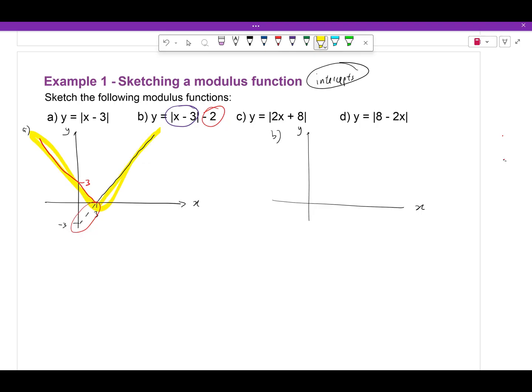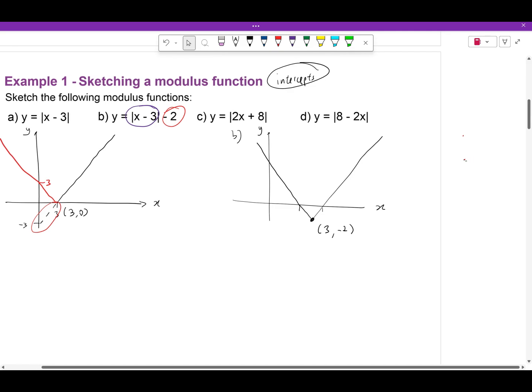So subtracting 2 means we are shifting down 2. Hence we can conclude it's just the same graph as A, but shifted down 2. Originally this should have been 3 and 0, right? Now it is not, it is 3 and negative 2.